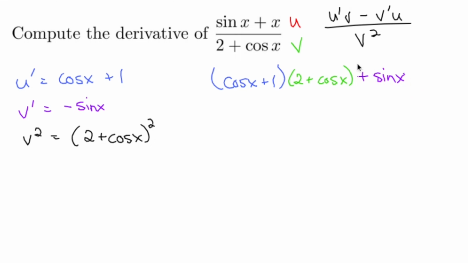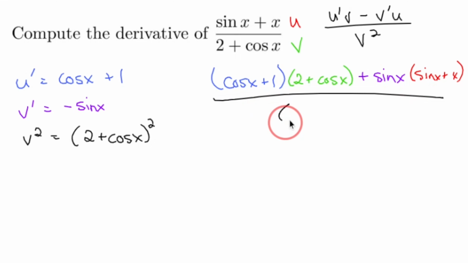See what I did there? Minus negative sine x is plus sine x. And then regular u, which I made red, that's going to be sine x plus x. All of that is going to be over 2 plus cos x squared.